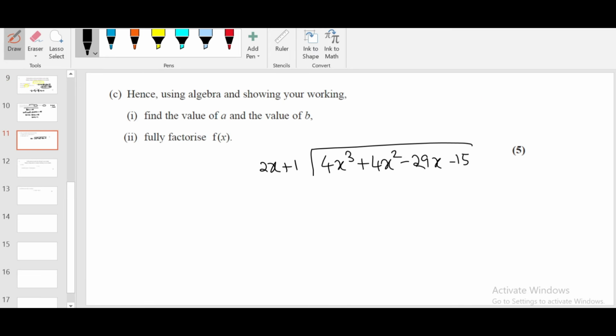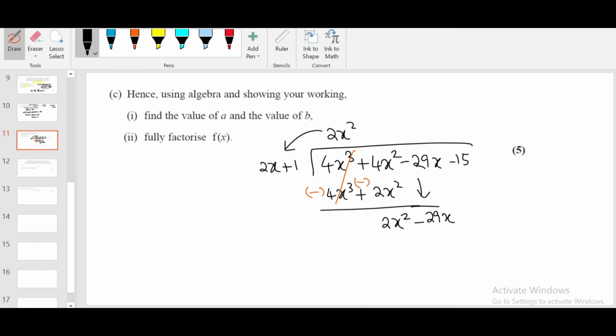You should have learned the long division method. I use 2x square and multiply. I'll get 4x cubed plus 2x square. Change the sign. This will be cancelled. 4 minus 2 is 2x square. Bring down the next term. So again multiply by x.